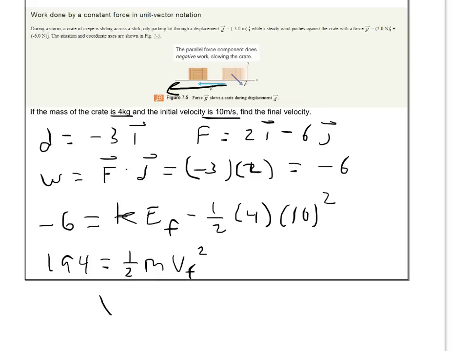Looking for final velocity, let's get rid of that squared, it's going to equal the square root of 2 times 194 all over the mass, which is 4. And we notice that this is going to be less than 10 meters per second.